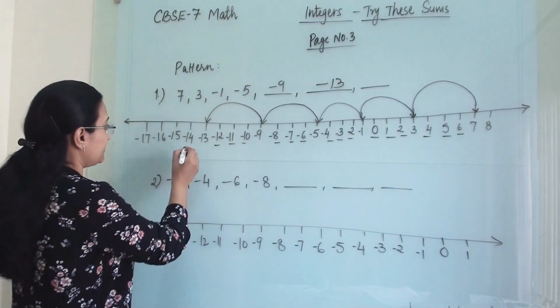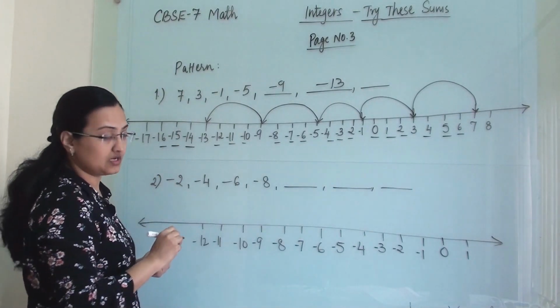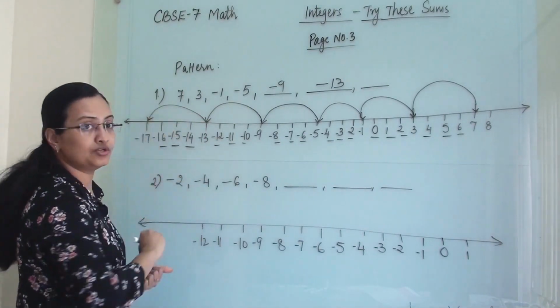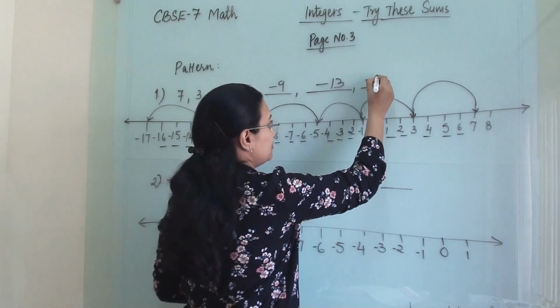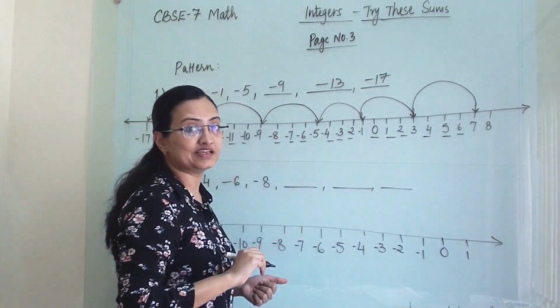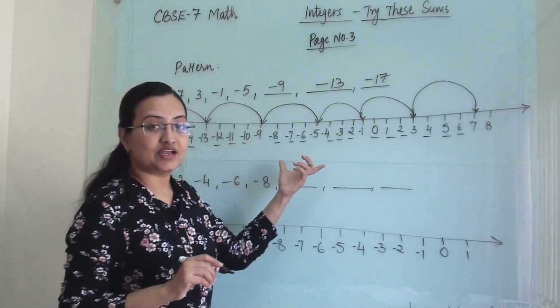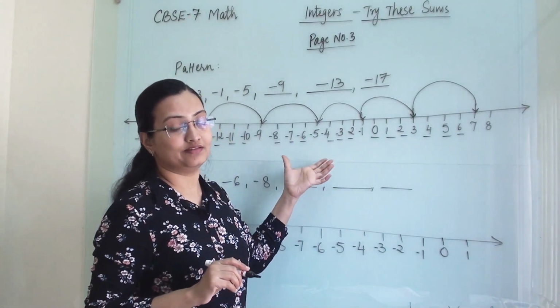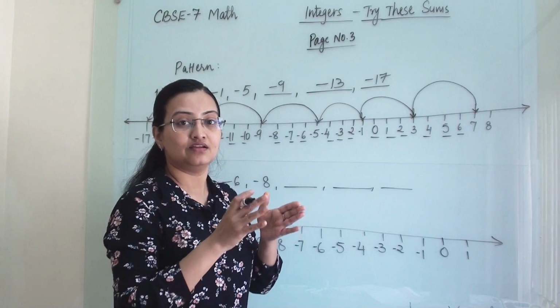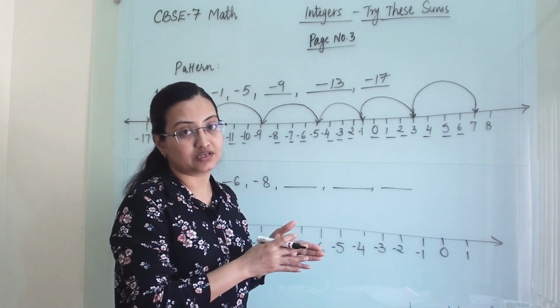The next, again skipping 3 numbers, we will land on minus 17. If you don't understand, you have to draw a number line, then only you will get to know in which direction these numbers are going.